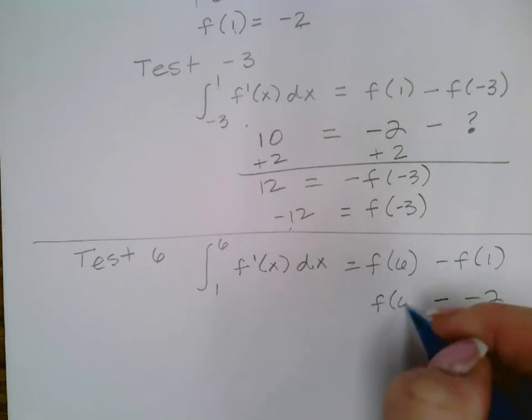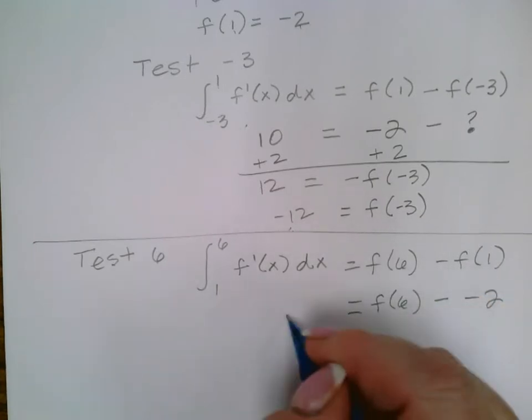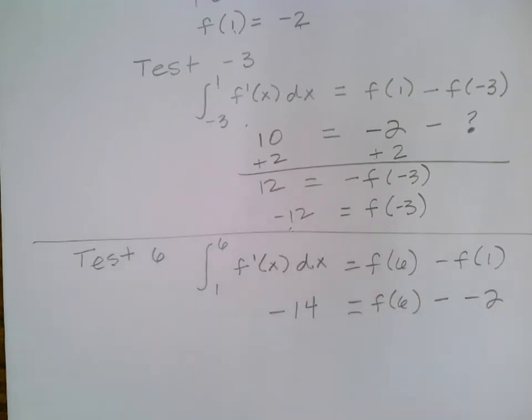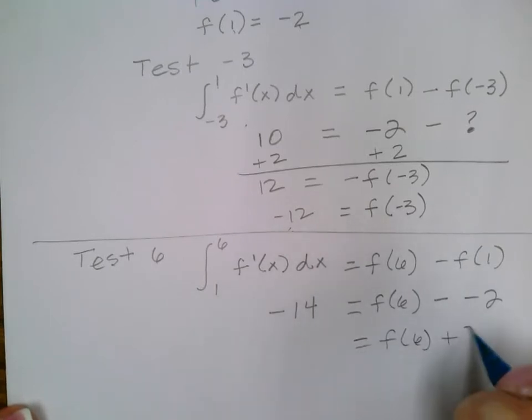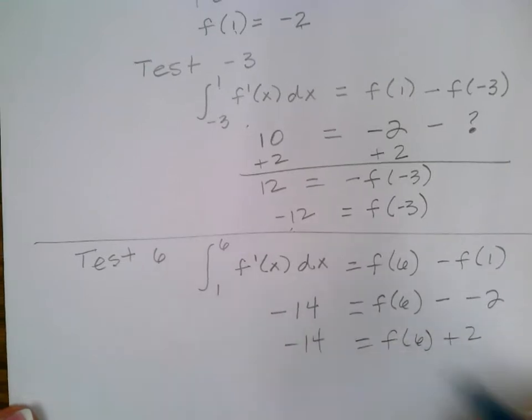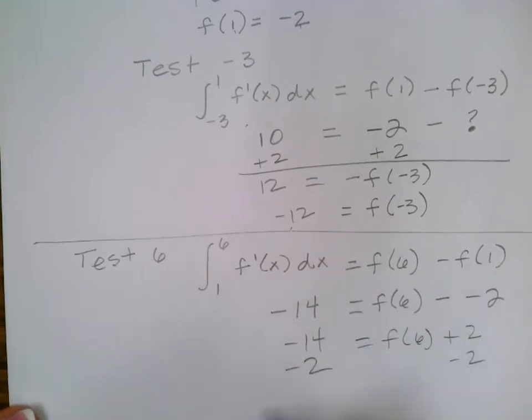I do not know f of 6. That's what I want to know. And I know the area between the x-axis and that curve is going to be -14. So in this right-hand side, this is going to become a +2. And f of 6 is -16. That's an even better candidate.